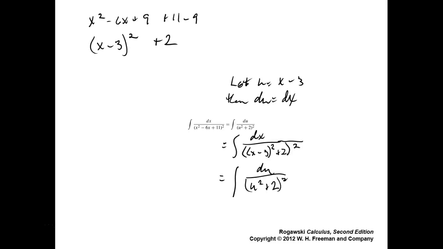We already had the +11 here. That was in the original problem. But as soon as you add 9 here, you've changed the expression. So what you have to do to keep it the same is subtract 9 from it. And now it's the same expression it was before. It just looks a lot different. Well, this is your perfect square, x -3 squared, and this becomes +2.